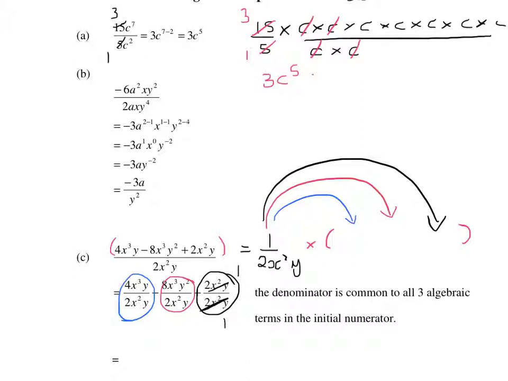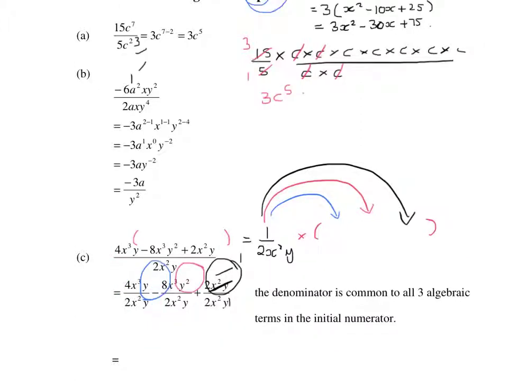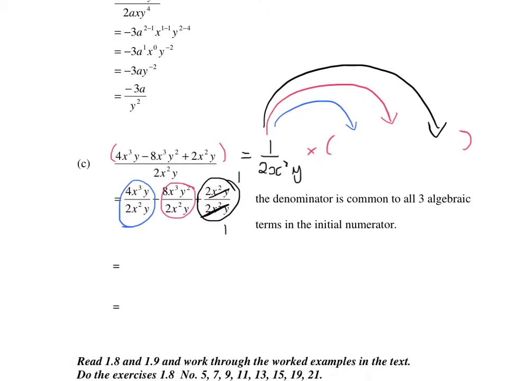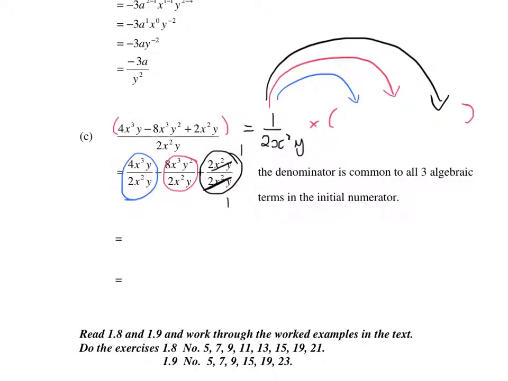I think this one goes over the page from memory. Oh no, actually I'm asking you to do it. So let's have a look. So, for instance, the first term, 4 divided by 2 is 2.